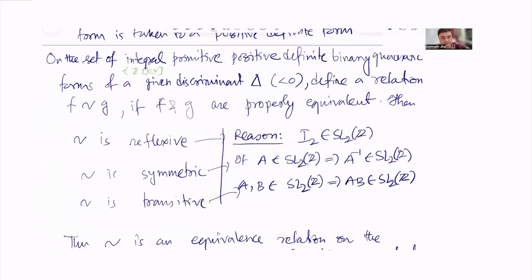And if there is a matrix such that the matrix of the binary quadratic form F can be transformed to another matrix.